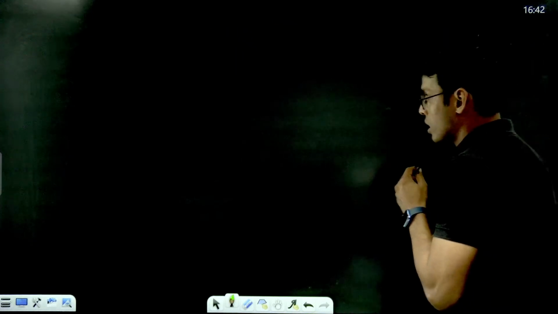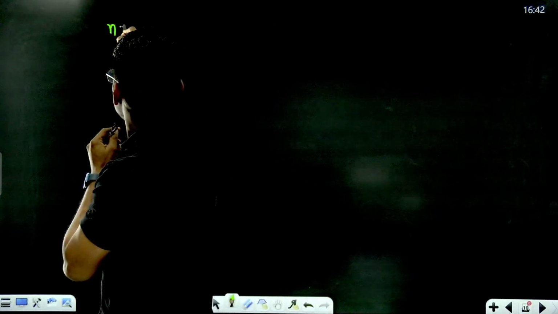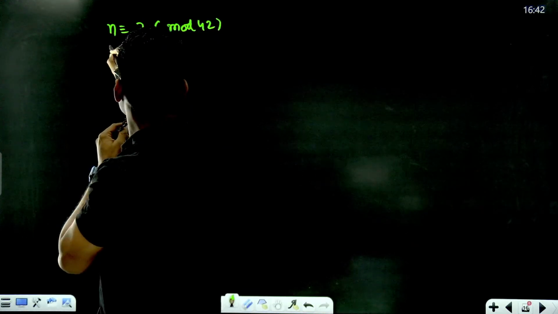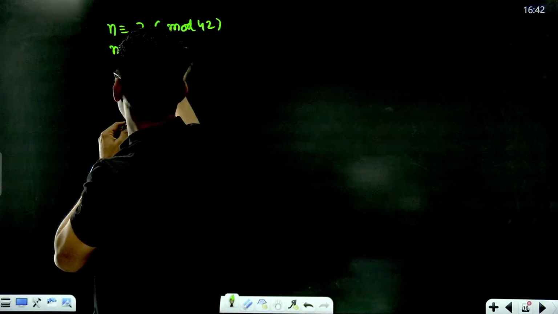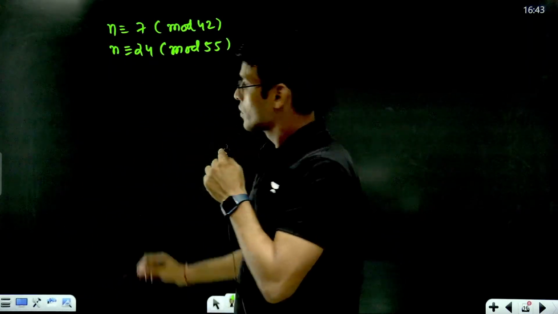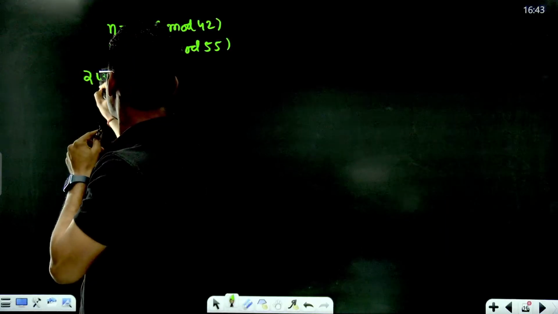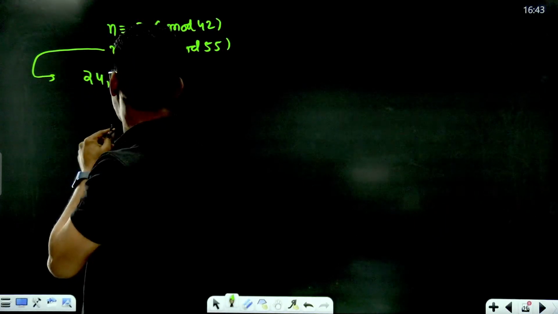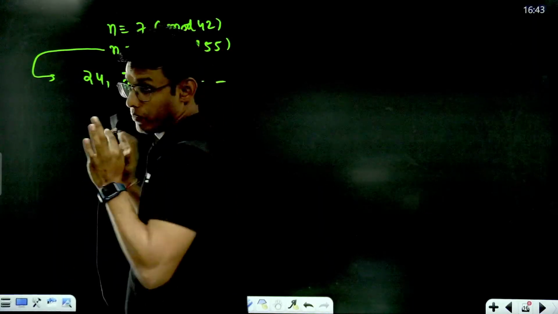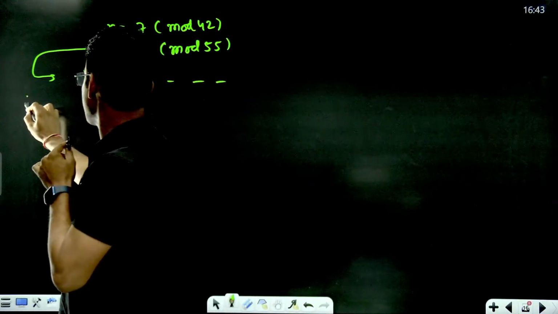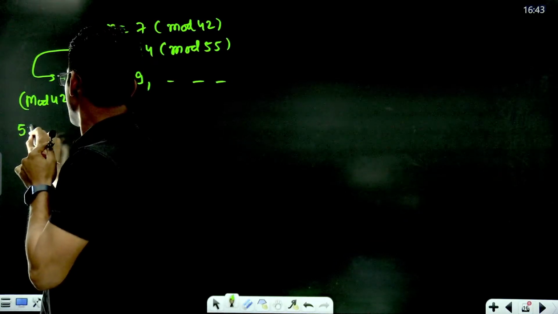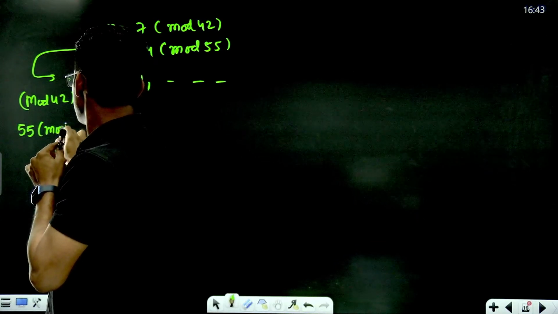Now my second step is to solve these two congruences. 24 mod 55. I'm going to write this down here: 24, 79, and so on. But I will write mod 42 here. What is 55 mod 42?